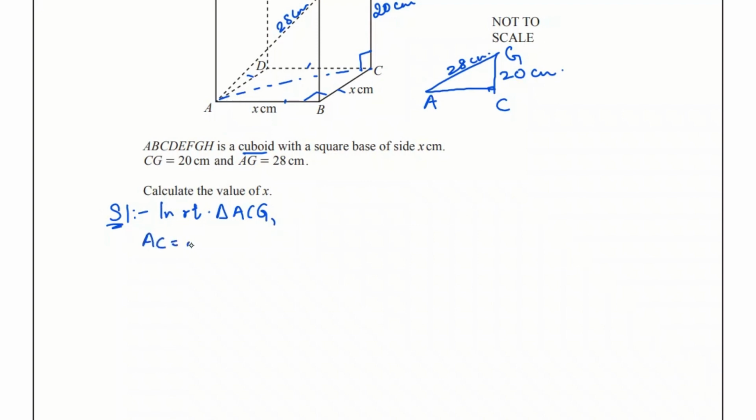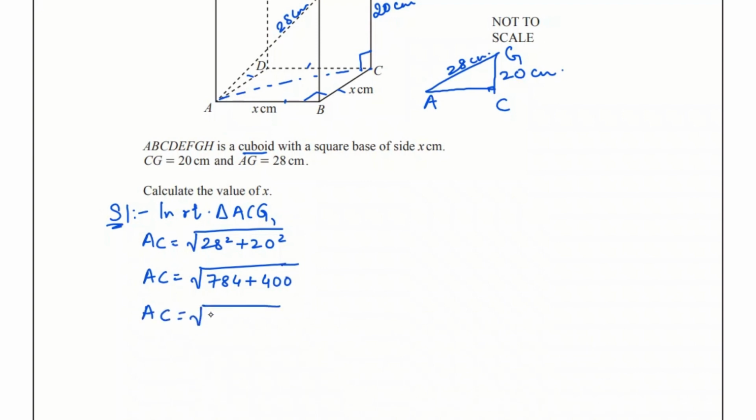AC is equal to under root 28 square minus 20 square, because 28 is the hypotenuse.